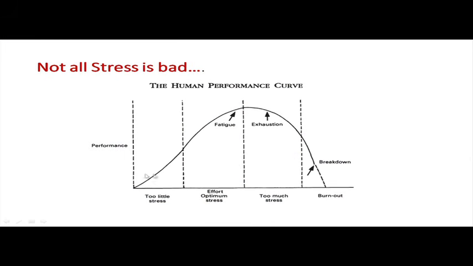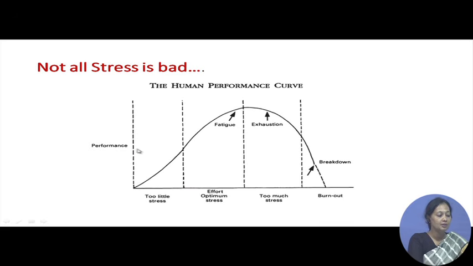So again, if we go back to the PPT, you will see that too little stress causes less performance, and again too much stress brings about a breakdown. Say for example, if you are very less stressed about giving a presentation tomorrow, you will hardly prepare for it. If you are very stressed about giving the presentation tomorrow, then also your performance will be poor.